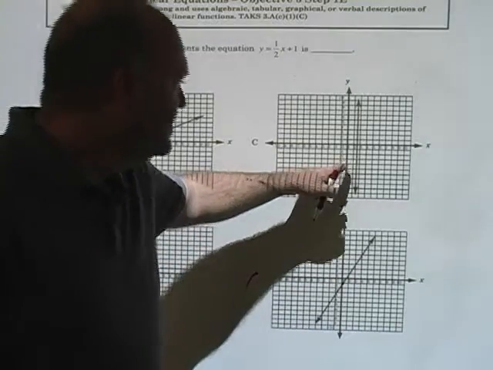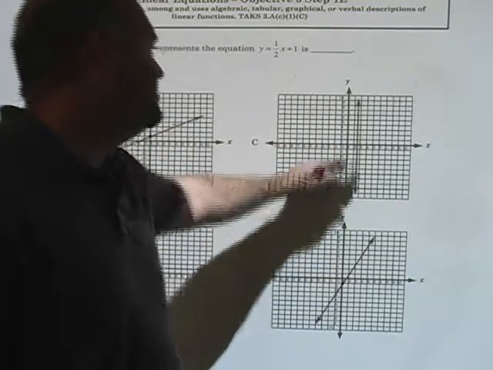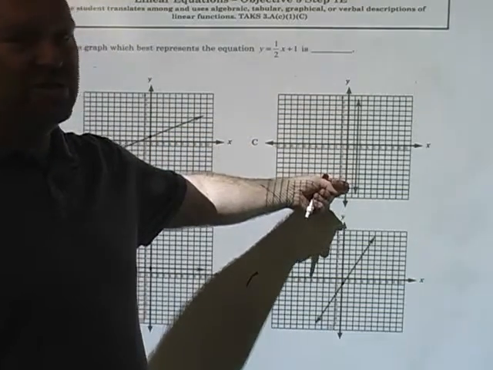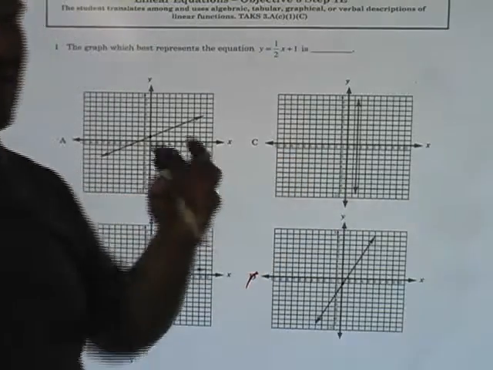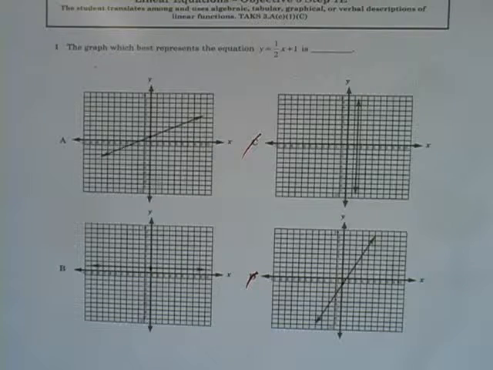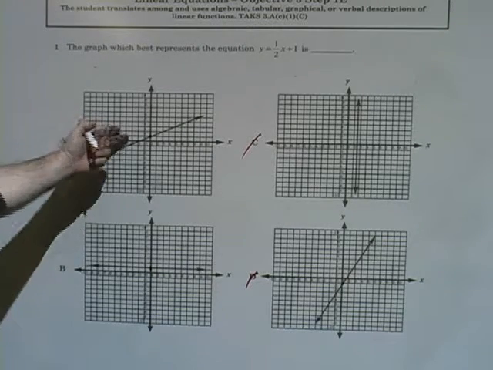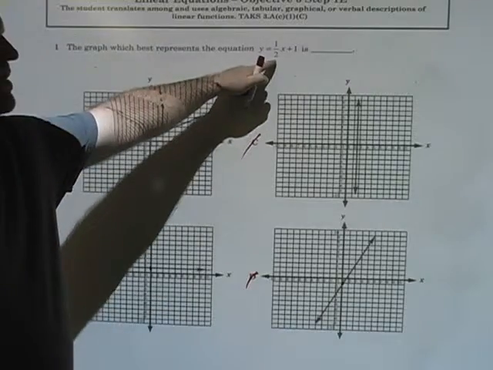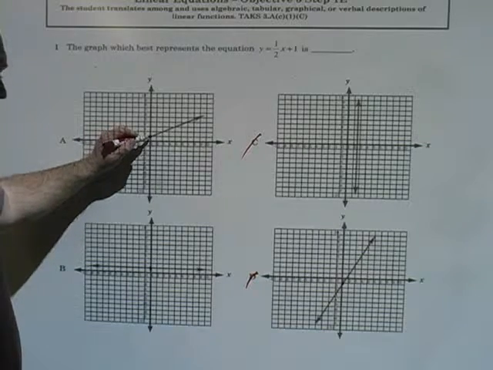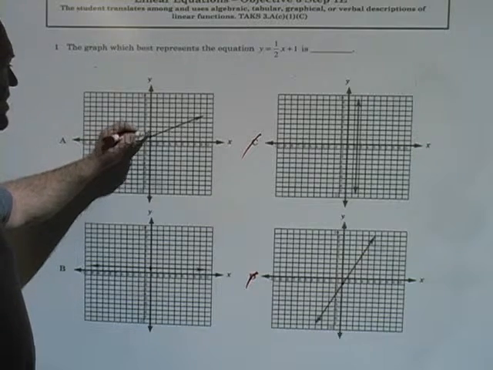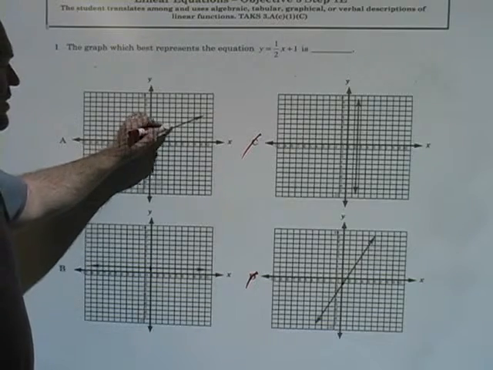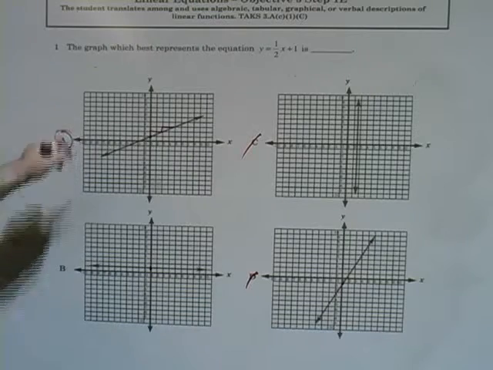Well, this line never crosses the y-axis, so it doesn't have a y-intercept. So we can mark that one out. Now, between these two, we need to find one that has a slope of 1/2. If you look at this one, it goes up 1 over 2. Okay? So that is the answer.